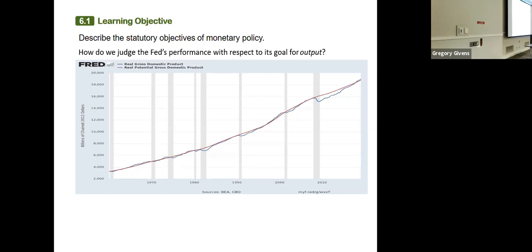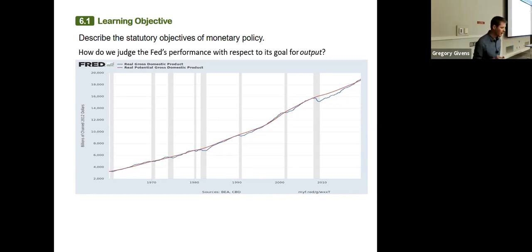Potential output is really governed by things like the labor force, trends in demographics, changes in technological advancement, or changes in the capital stock over time. All of those things are outside the direct control of monetary policy or a central bank.